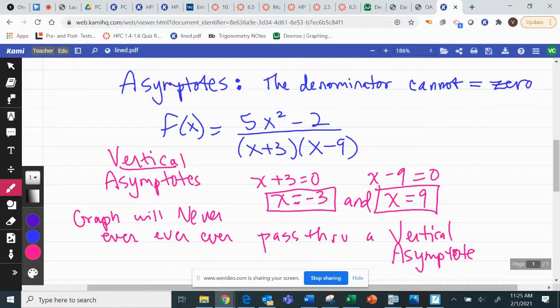I'm not going to graph this whole thing, but if I have a graph and I've got x equals 9, and I've got x equals -3, the graph will not pass through those borders. It will not pass through those walls.